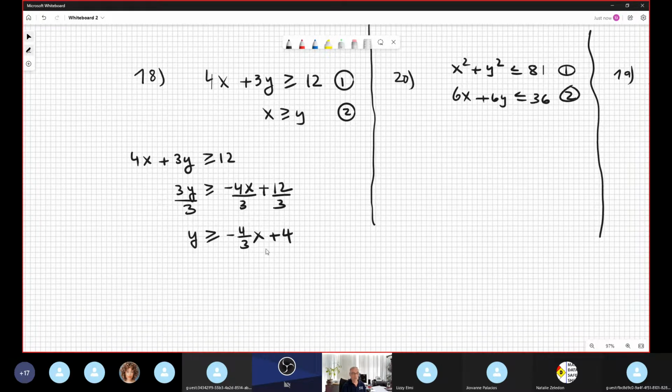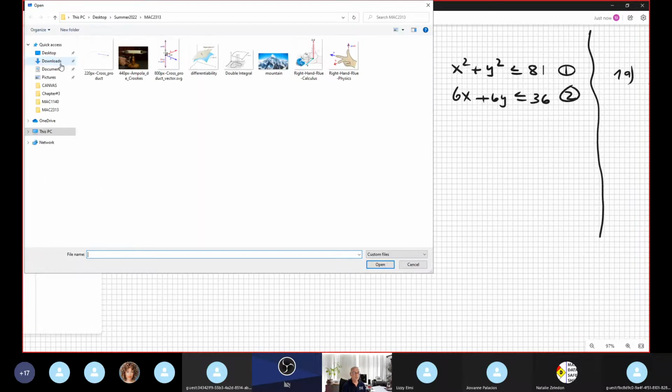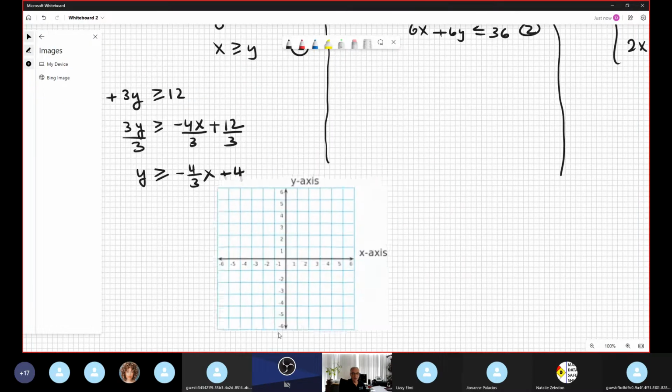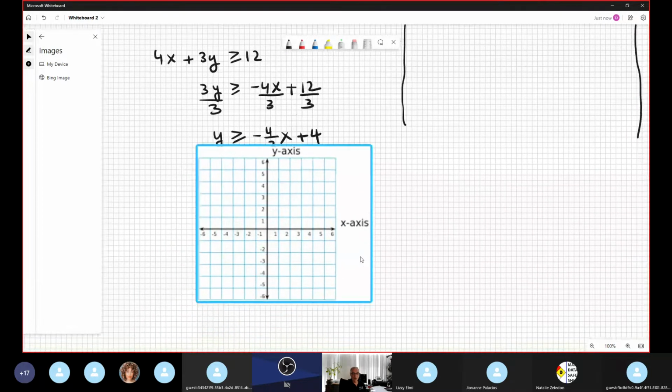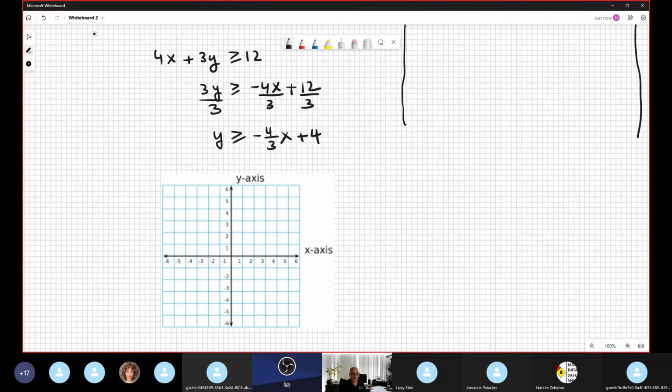Because let me try to find a rectangular coordinate system, but at least decent. Let me see. Here. Rectangular coordinate system. Boom. You temporarily convert these to equations. You copy the related equation associated with the inequality. It is y equal negative 4 over 3 x plus 4. Now I can see clear like water that the y-intercept is 4.